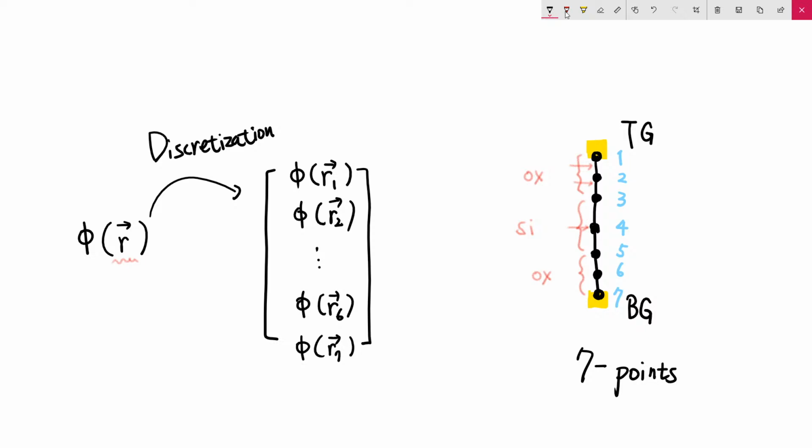So by understanding the 7 numbers, which are the components of this 7 by 1 vector, we say that understanding this single vector is good enough to have certain information about a function of arbitrary position.